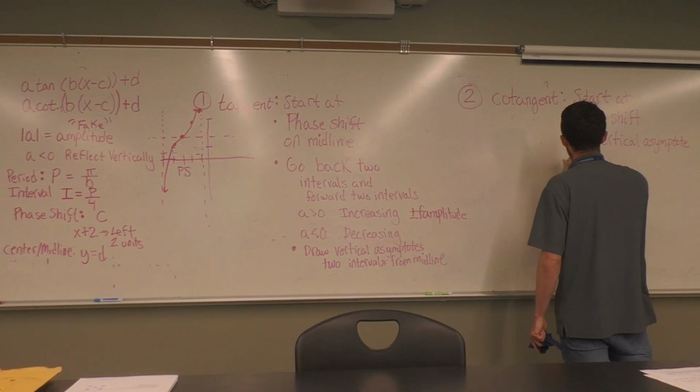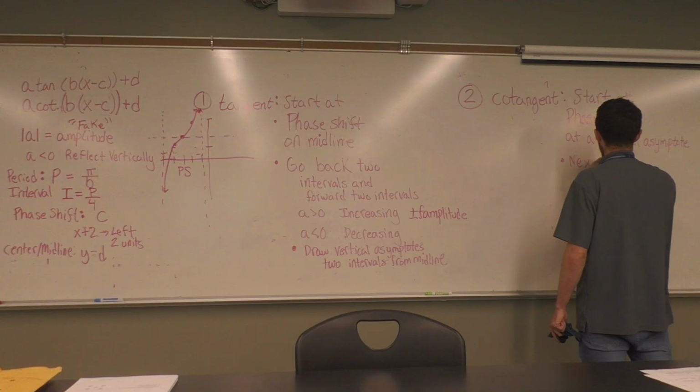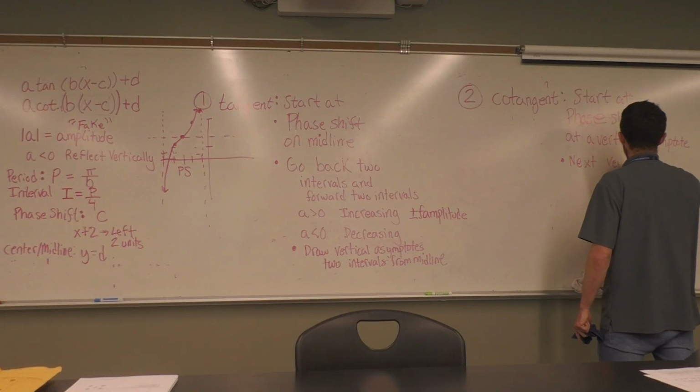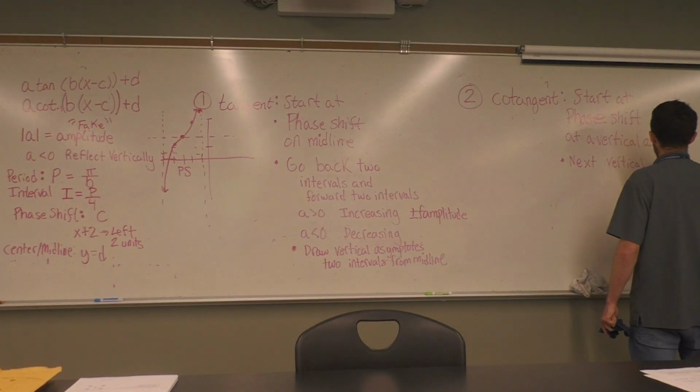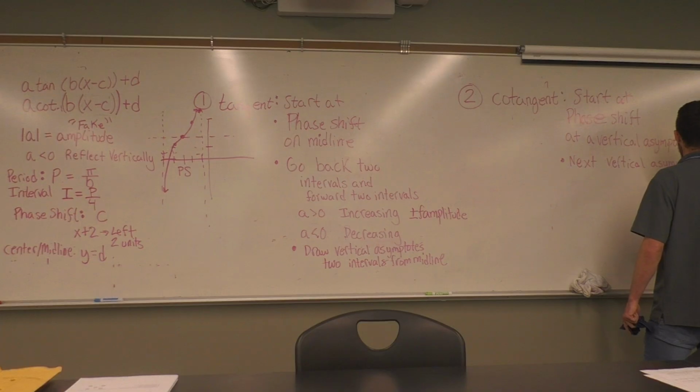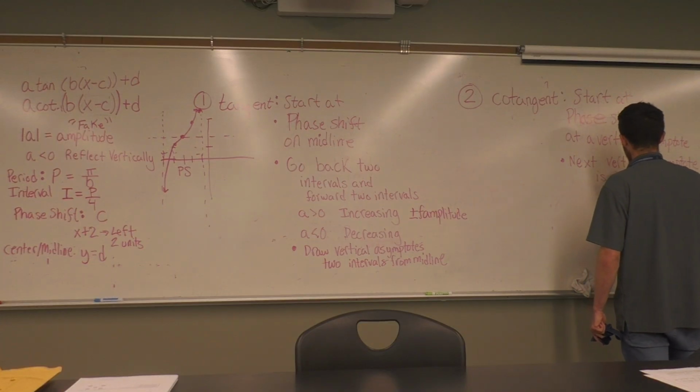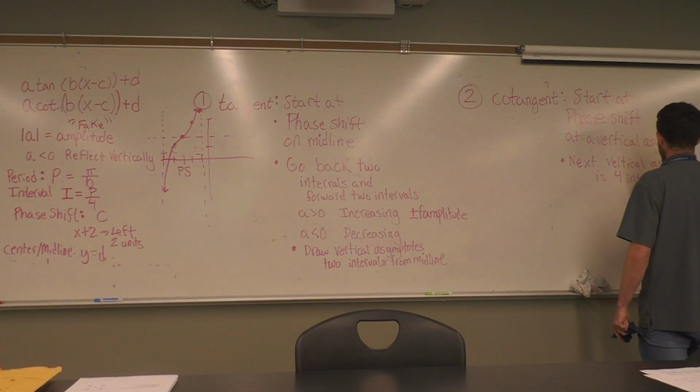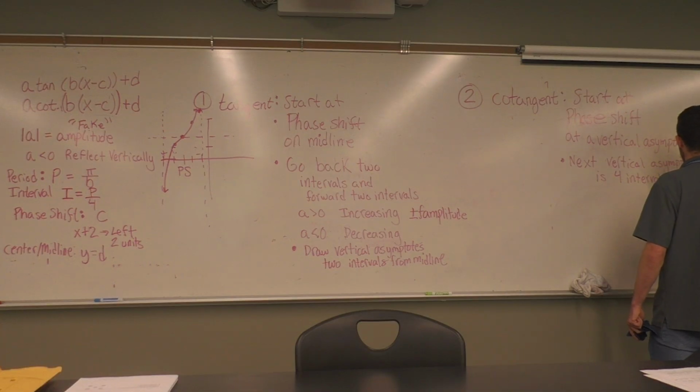And let's say also the next vertical asymptote is 4 intervals forward.